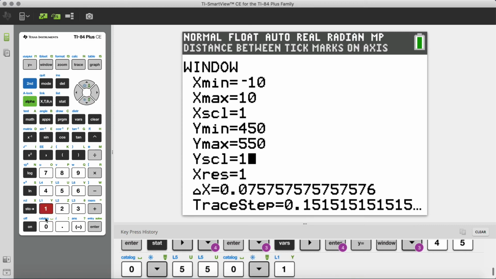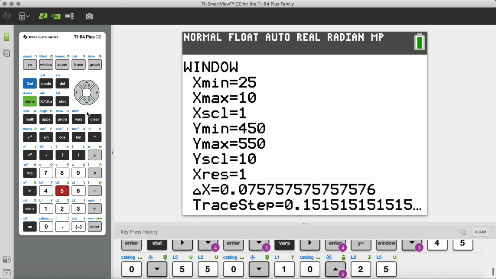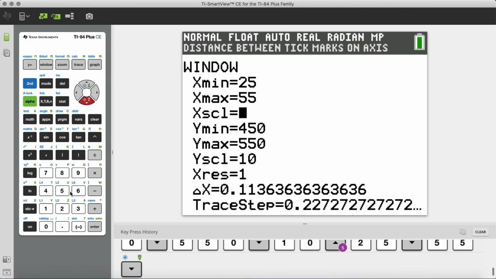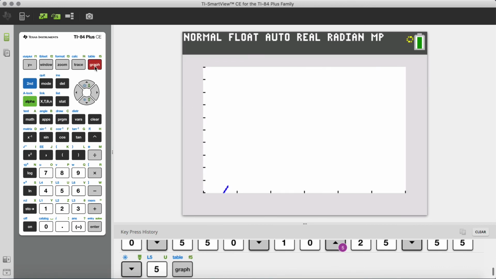I'm going to count by tens, so that looks okay on my scale. For my X minimum, we said 30, so let's go like 25. For our X maximum, we said 50, so I'll just go 55, and I'll count by fives here. And then I'm going to click graph. This should give us a nice graph of this little section.